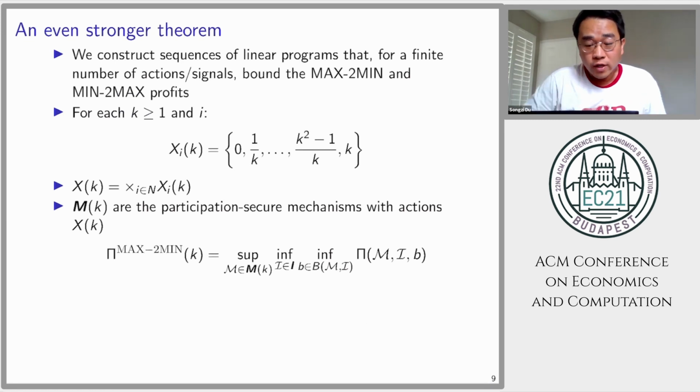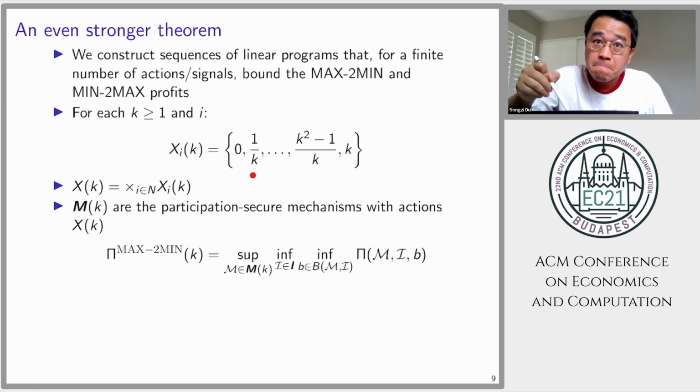Okay, so here, if we restrict the action space to X as defined here, then we can restate our max to min problem as here. All I'm doing is saying that you have to choose actions from this set, but it doesn't really make any difference.